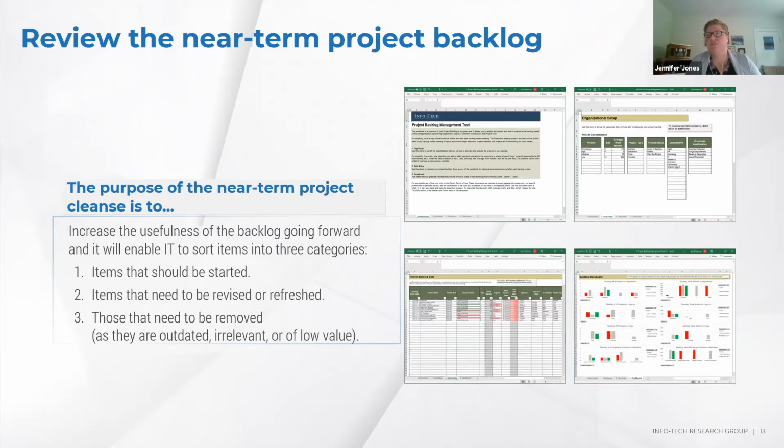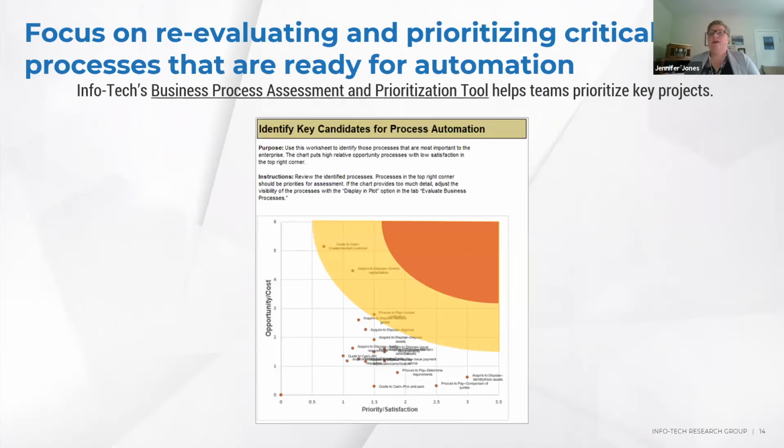It's really just that you are setting your own individualized targets based upon what's right for your organization and your portfolio, and that it's something that all members of the leadership team are comfortable with. Another area that we advise members on is to look at a business process assessment and prioritization tool.